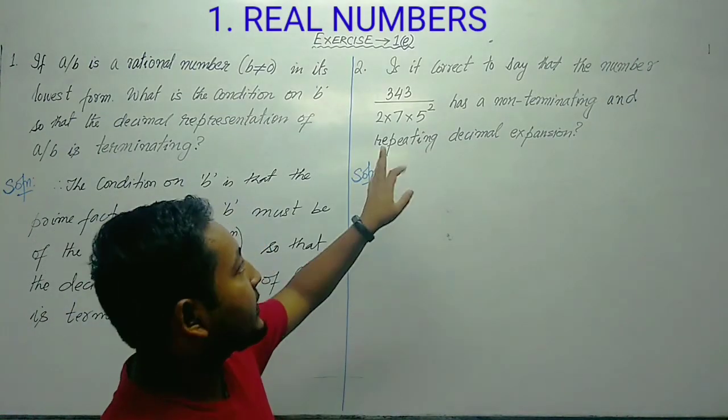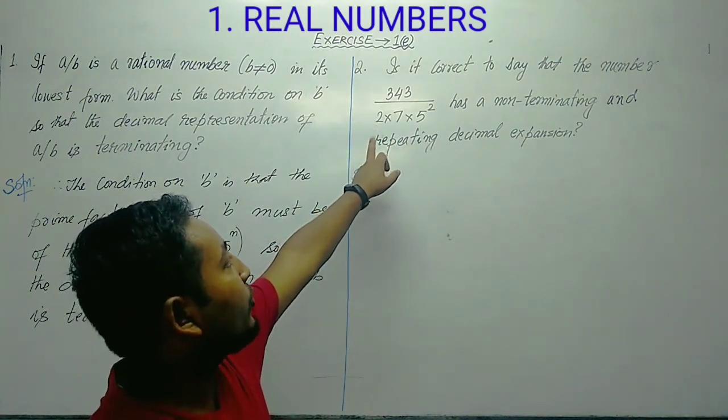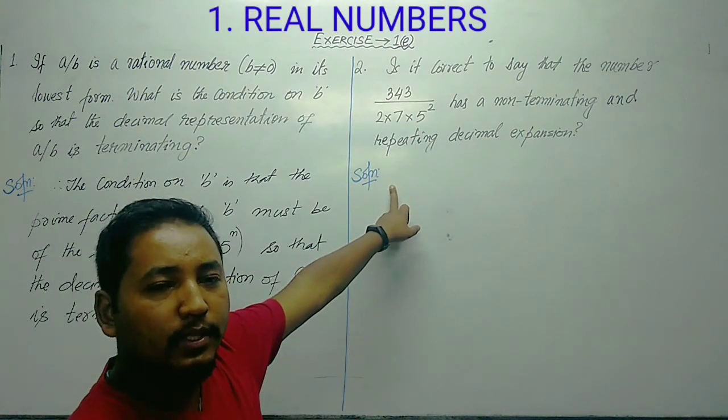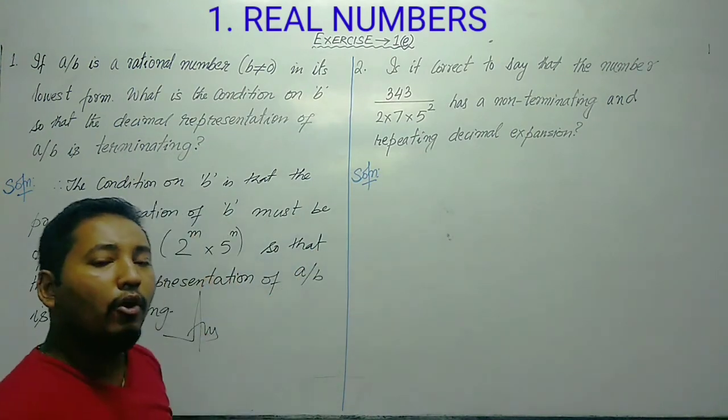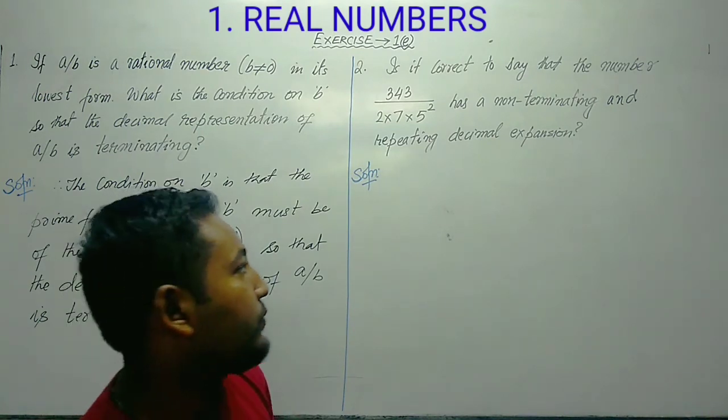Question number 2 says, is it correct to say that the number 343 by 2 into 7 into 5 square has a non-terminating and repeating decimal expansion? Now first of all, let us check whether the given number is in the lowest form or not.